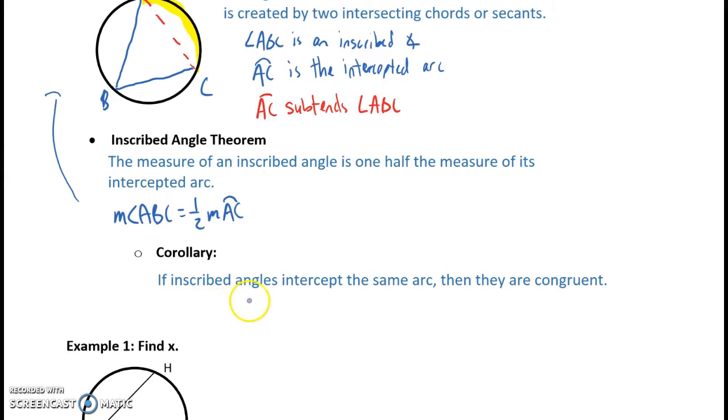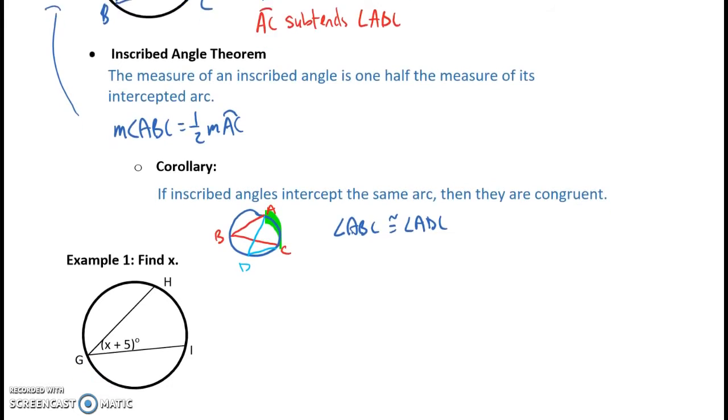For example, if you had a circle, and let's say we had one inscribed angle ABC and a second inscribed angle ADC, you'll notice how they share the same intercepted arc, that same AC. That means they'd be congruent. So we'd say angle ABC is congruent to angle ADC. Okay? So that's a corollary that just kind of relates to that inscribed angle theorem.